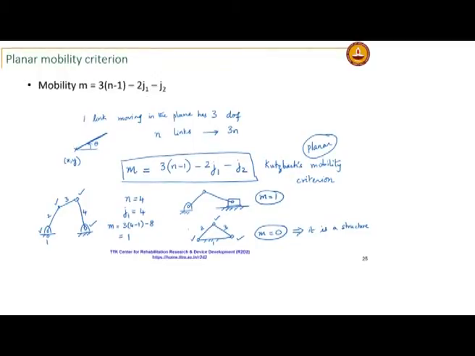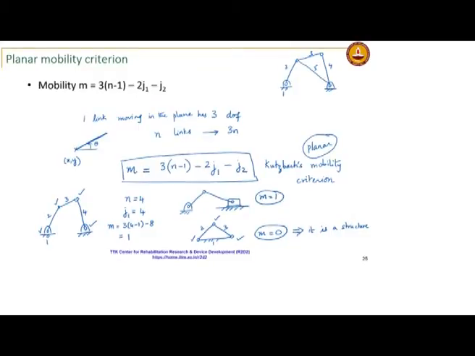Same 4 bar, if I add another link like this. Okay, I have 1, 2, 3, 4, I add a 5th link there.